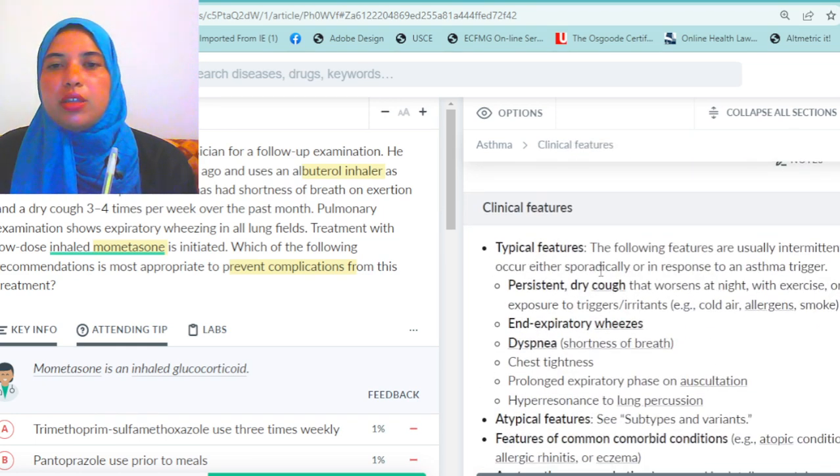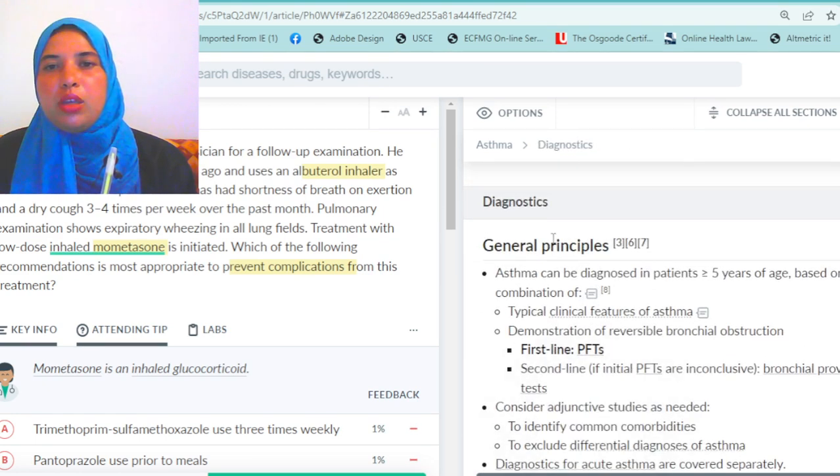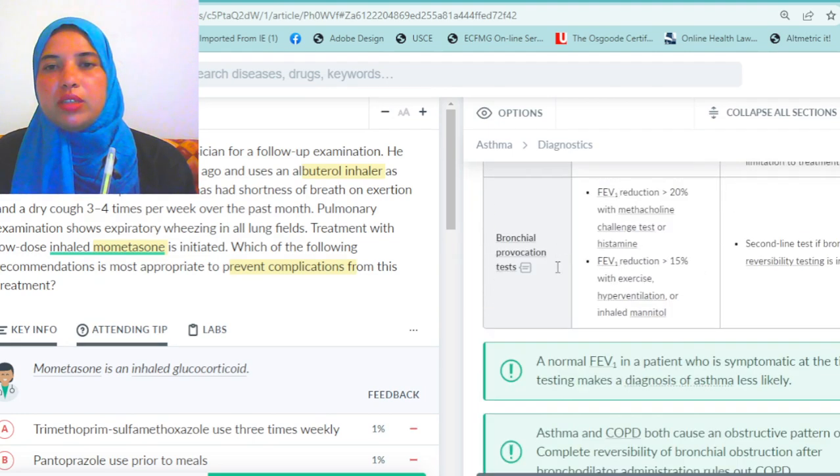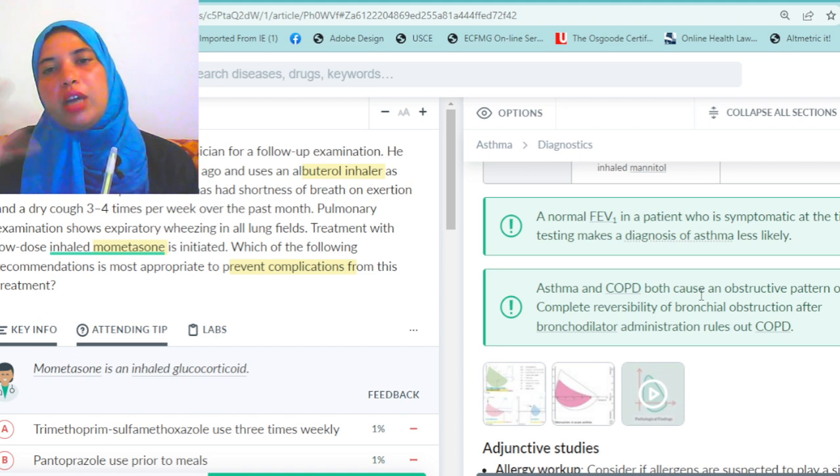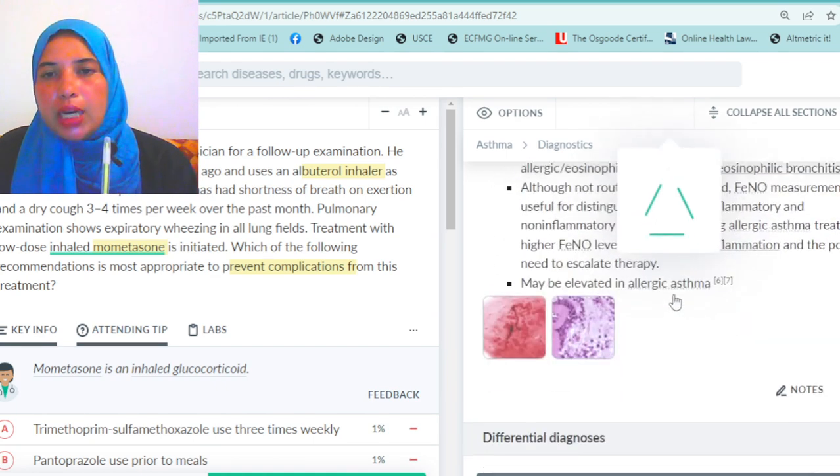Again, you're going to see here the clinical features, the diagnostic procedures of it. Again, I really like these areas here where you can see a normal FEV1 in a patient who is symptomatic at the time of testing makes a diagnosis of asthma less likely. They have these little jewels that you can kind of just remember that really help you overall as you continue to learn and use it in your learning process.